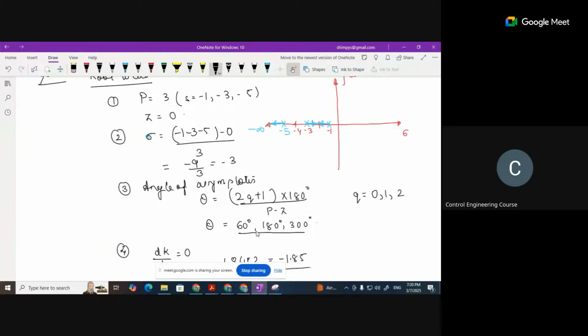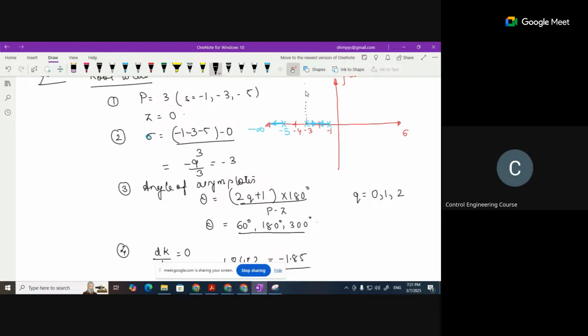How will I be plotting it? 60, then 180 and 300. From where do I have to plot that? From the centroid, and the centroid is at minus 3.